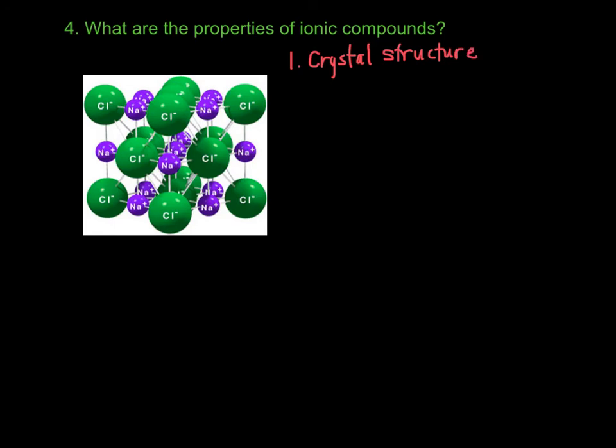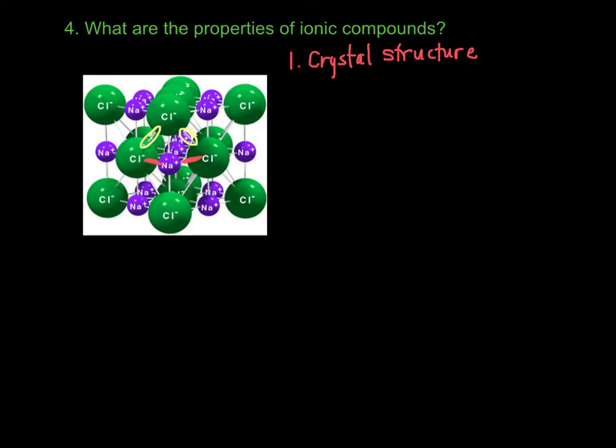So all ionic compounds are crystals. And the reason that happens is you want to maximize the attractive forces between the oppositely charged particles, while minimizing the forces of repulsion between the same charged particles. So for that reason, they set up into a nice crystal pattern.